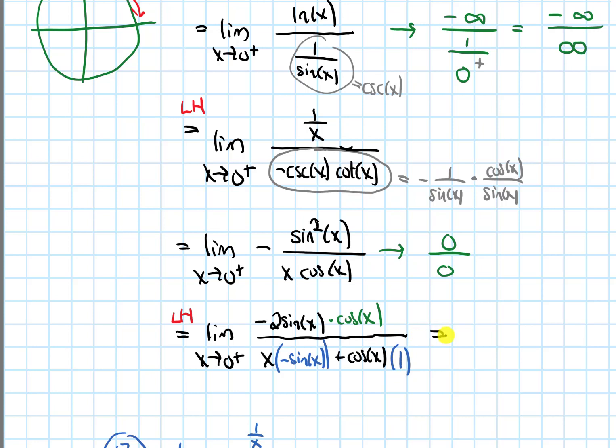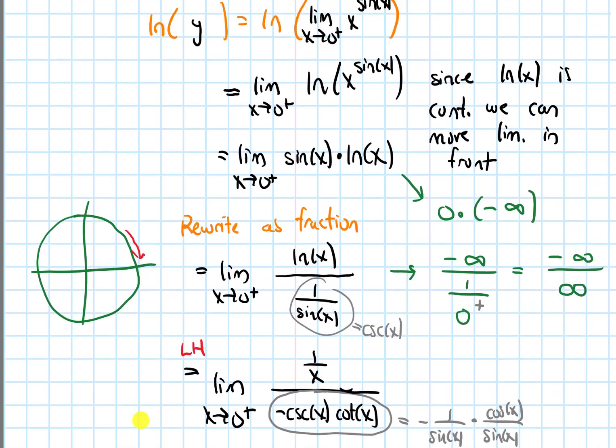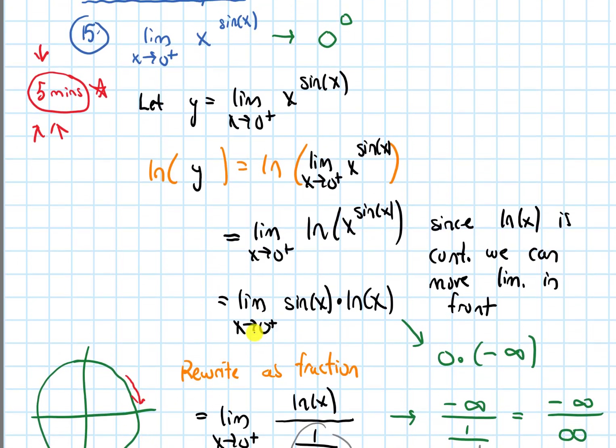And now let's try plugging in. So if I plug in now, on the top, I will have 0. On the bottom, we will have the first term, the x times negative sine x, that becomes 0. And the cosine x times 1, that becomes 1. I get 0 over 1, which is 0. So I have to be careful. That's not my final answer. Because we started off by saying, okay, this is after we took ln of both sides.